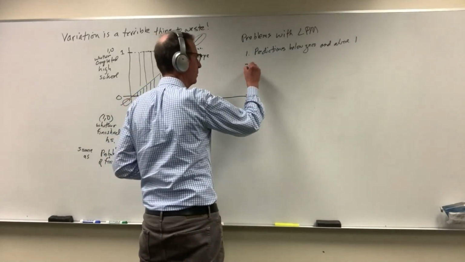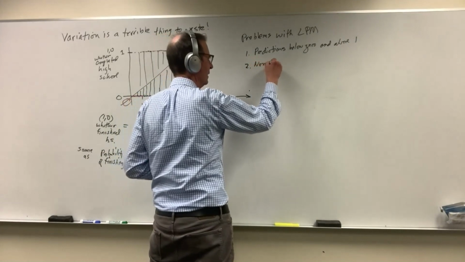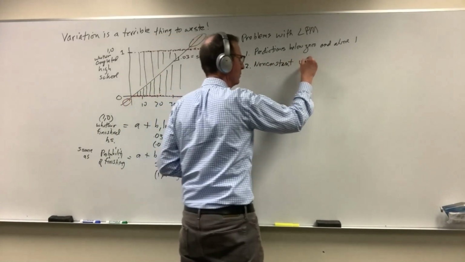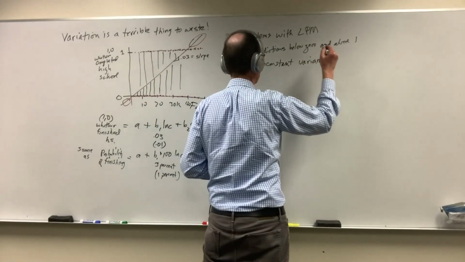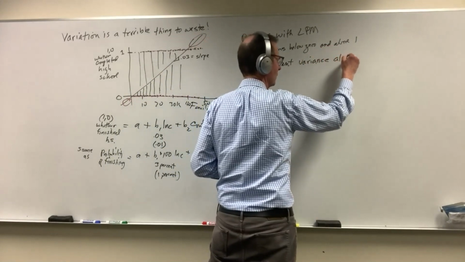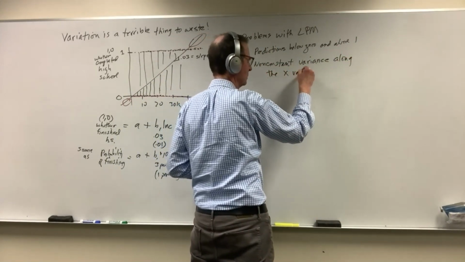A second source is non-constant variance along the x-axis, along the x variable distribution.